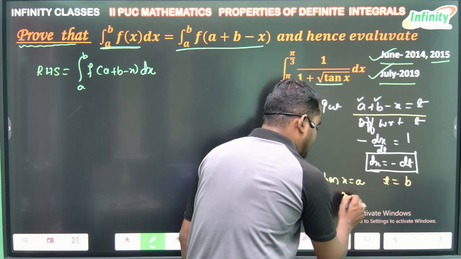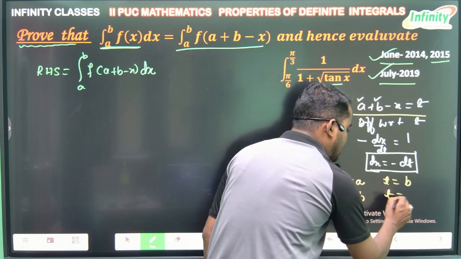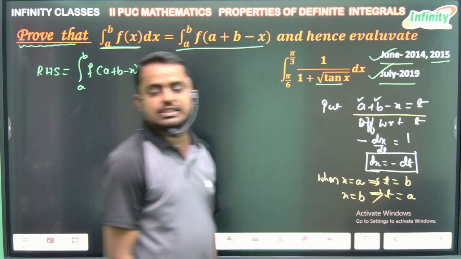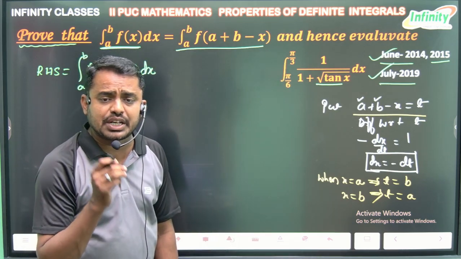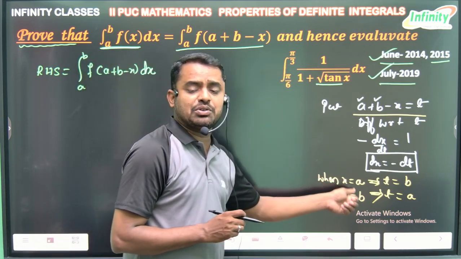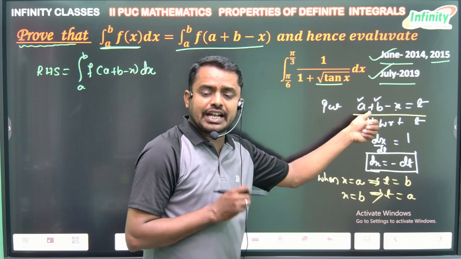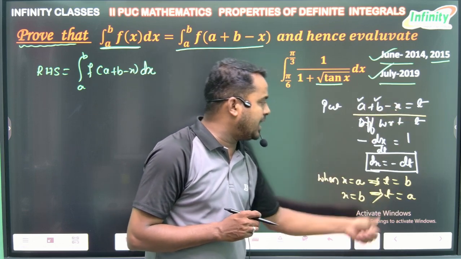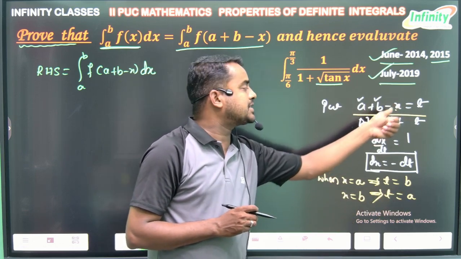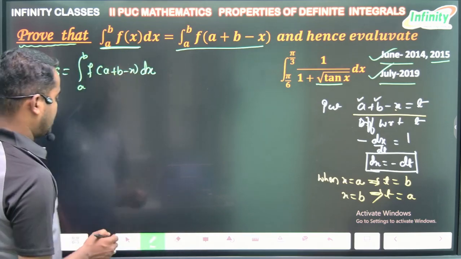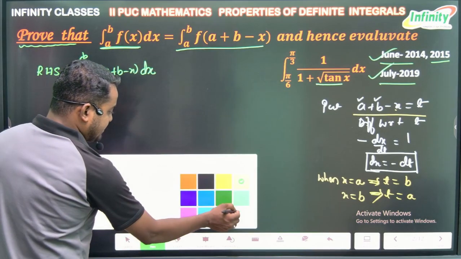When x is equal to b, t is equal to what? a. Observe carefully. When x is equal to a, then minus a plus a get cancelled, the value of t will become b. When x is equal to b, minus b plus b cancel and t will be a here.